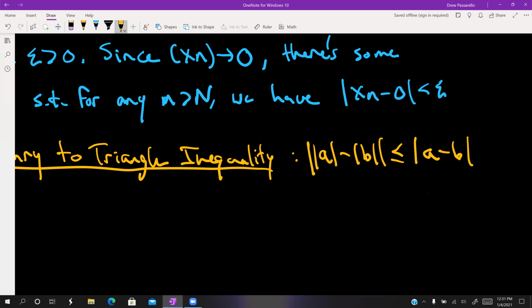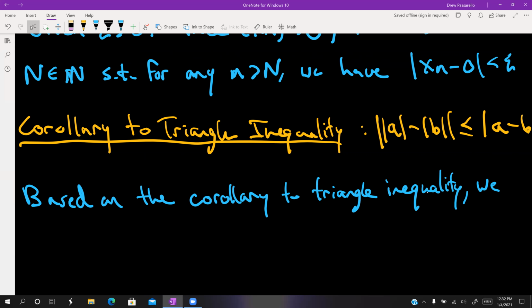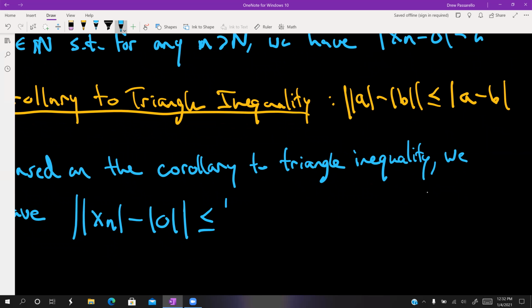So based on the corollary to the triangle inequality, we have the absolute value of the absolute value of xn minus the absolute value of 0 is less than or equal to the absolute value of xn minus 0.